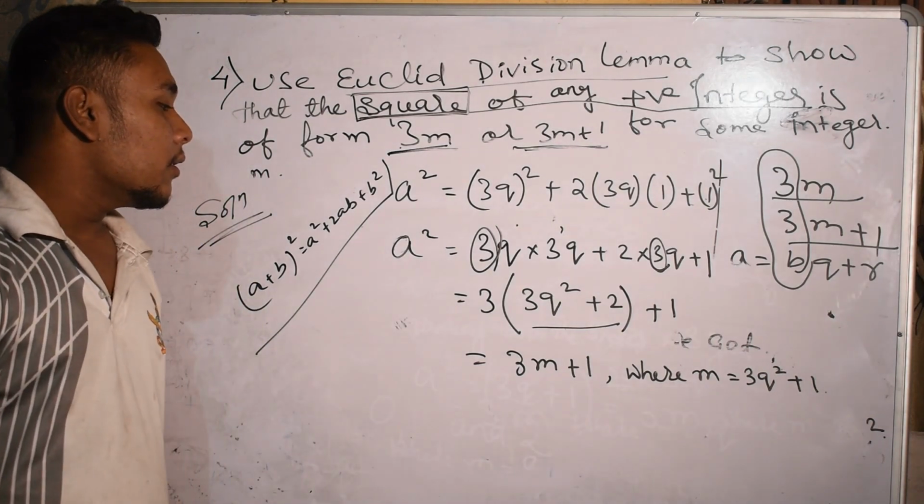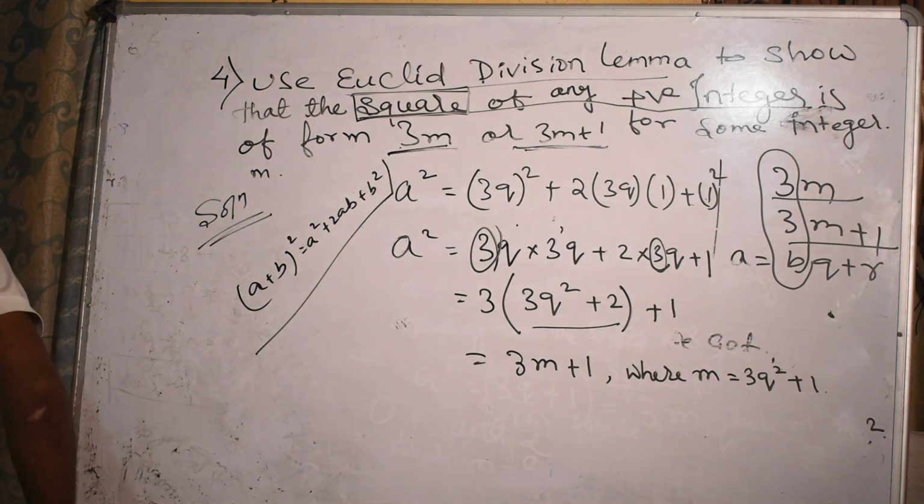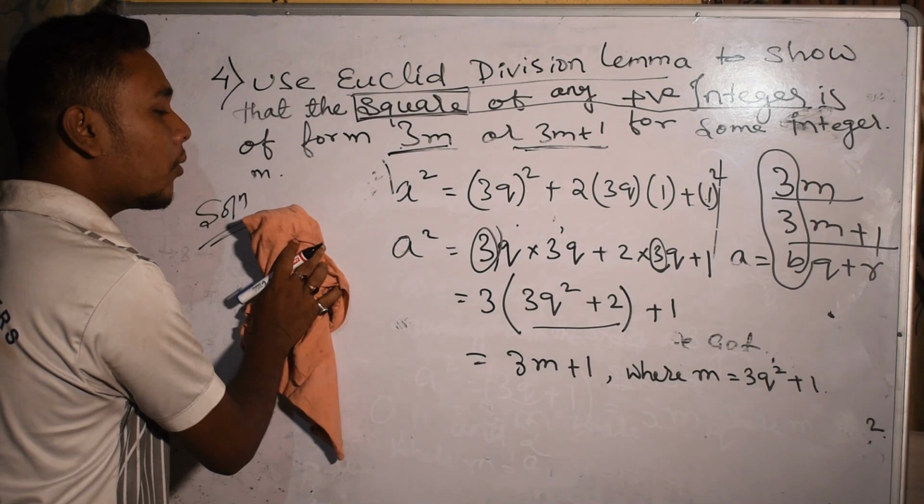After that, we have R as 2. We have R equals to 2. Take a screenshot and note it down.